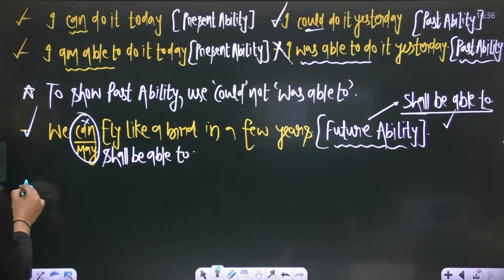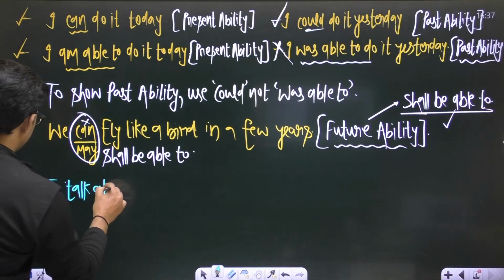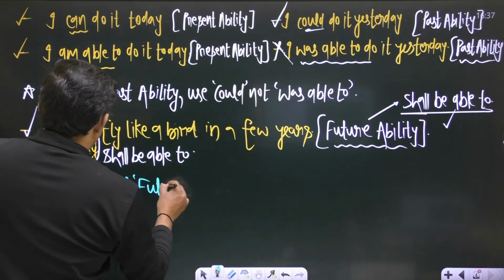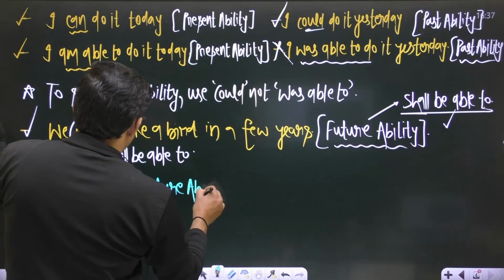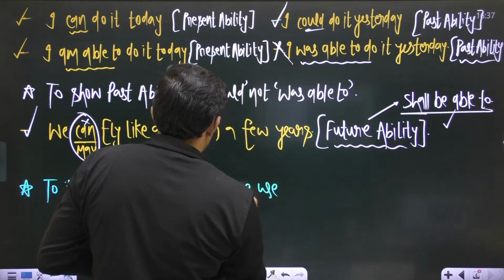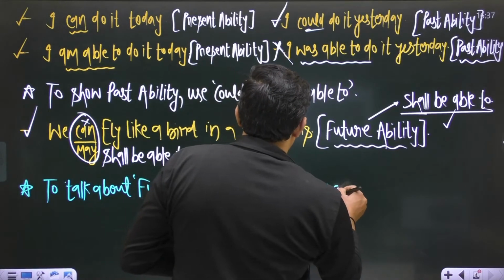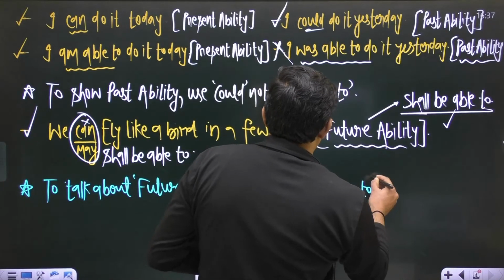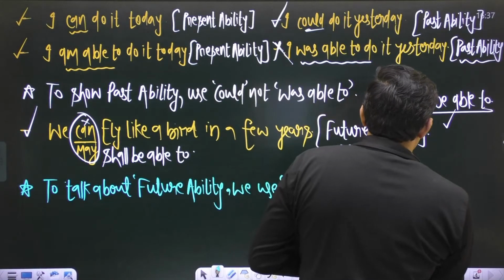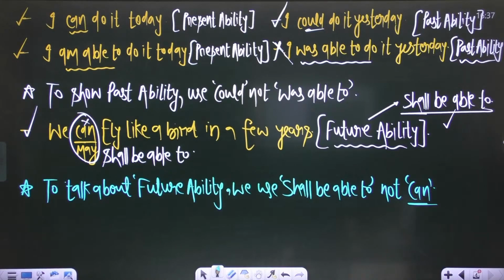And the concept is, to talk about future ability, we use shall be able to, not can. We don't use can, we use shall be able to actually.